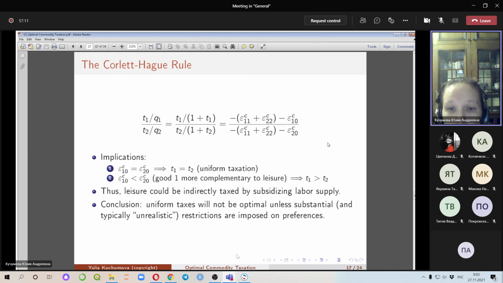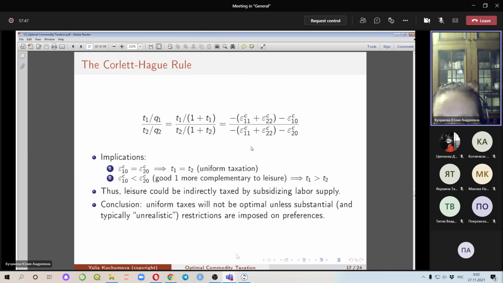So the ratio of the relative tax rate T1 divided by Q1 to the ratio of T2 divided by Q2 is equal to what we have here on the right hand side. In the top we have minus epsilon 1 1 minus epsilon 2 2 minus epsilon 1 0, and in the denominator minus epsilon 1 1 minus epsilon 2 2 minus epsilon 2 0.